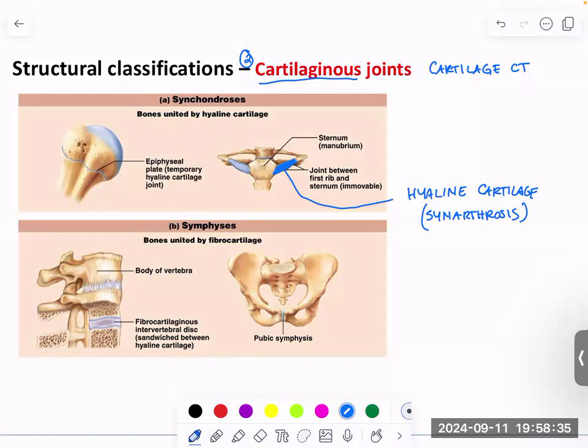If the joint is made of fibrocartilage, connective tissue, it's going to have a little movement. Fibrocartilage joints tend to be amphiarthrosis.